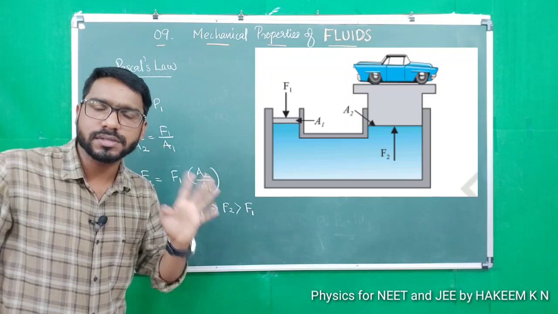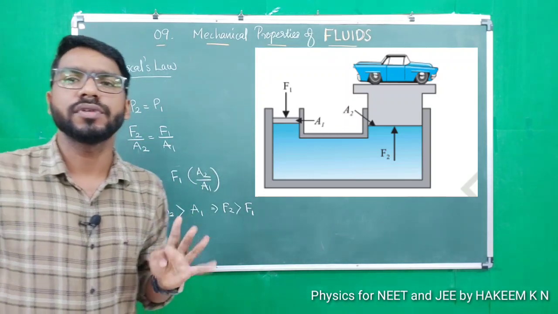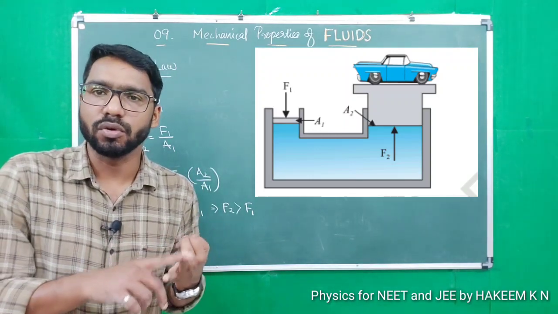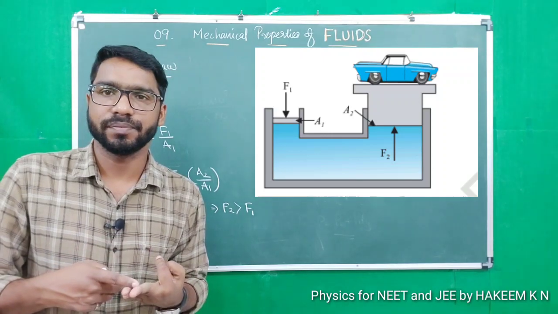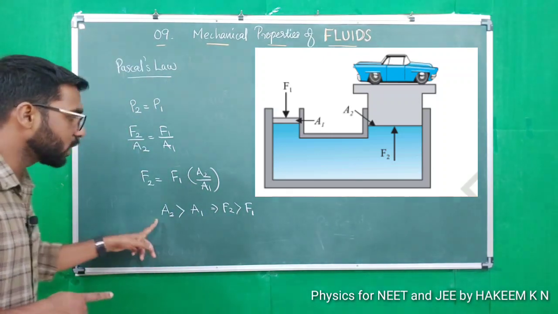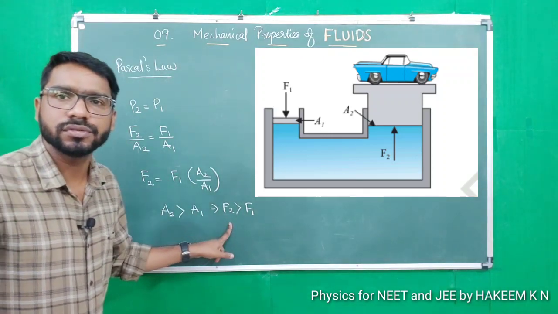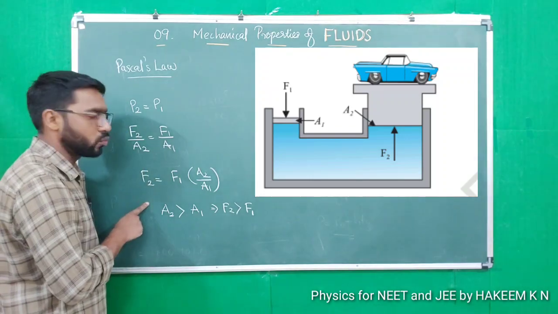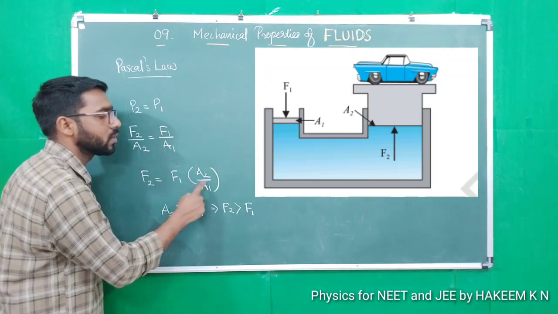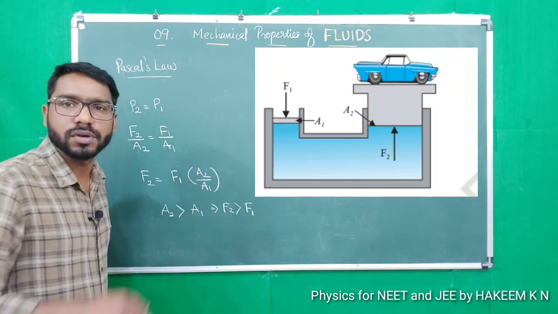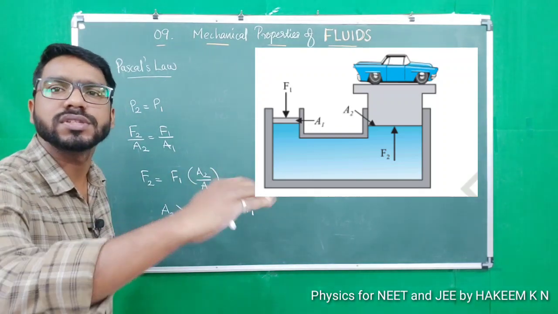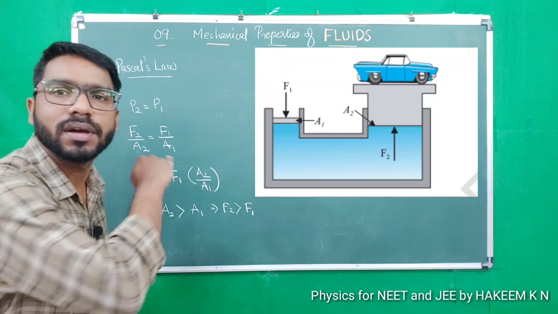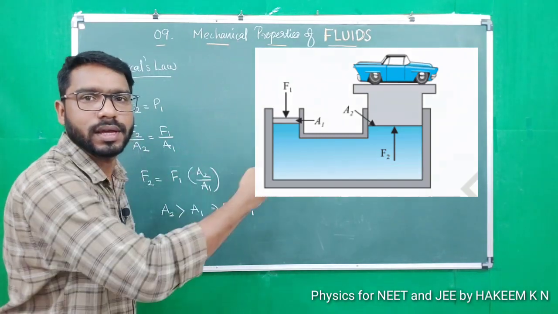That is the principle of the hydraulic lift, hydraulic press, etc. So we can say the output force F2 is directly proportional to the output area A2, because the pressure is constant, the same in the two tanks.